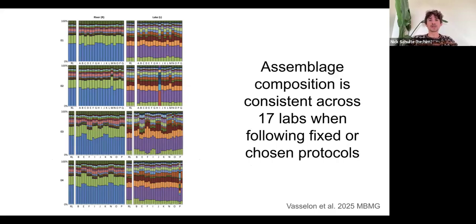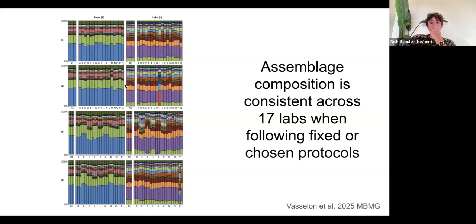So thinking about the reproducibility across labs, there was a ring test that was held across 17 labs, and the top two rows here, E1 and E2, use a fixed method. You can see across labs, everybody was following the exact same extraction and PCR protocol.